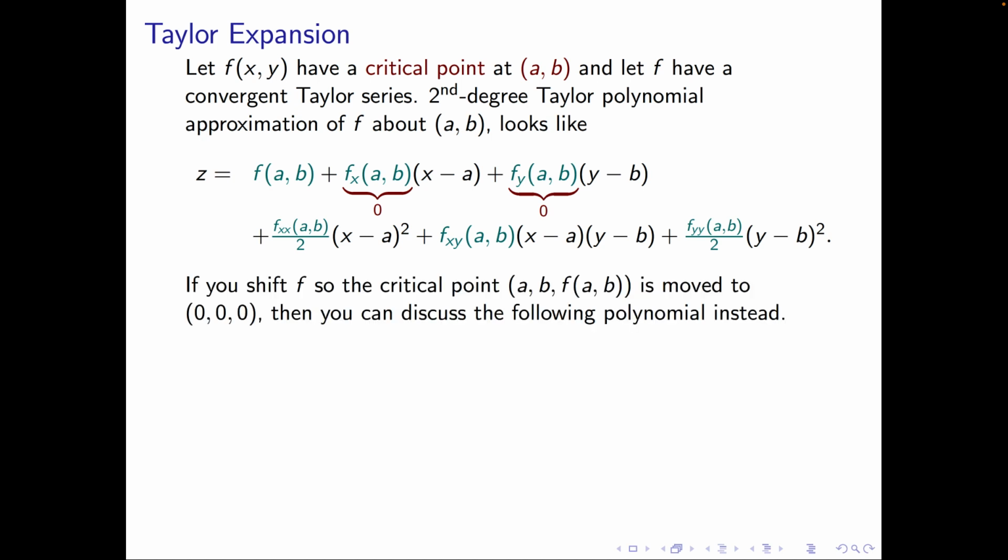Now that we have that, this was very busy. Thankfully, being a critical point, we get rid of this term and that term. Now what I want is not to have x and y shifted. I don't want everything to be shifted to the point a, b. So I shift everything back, a, b, and f of a, b back into 0, 0, and 0.